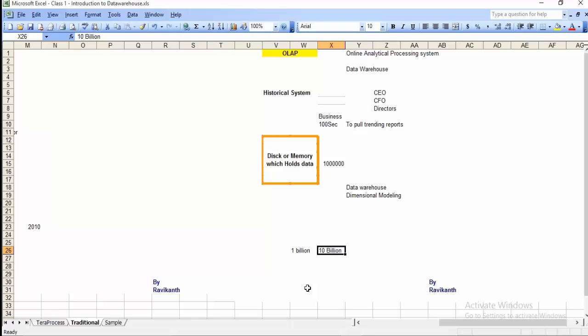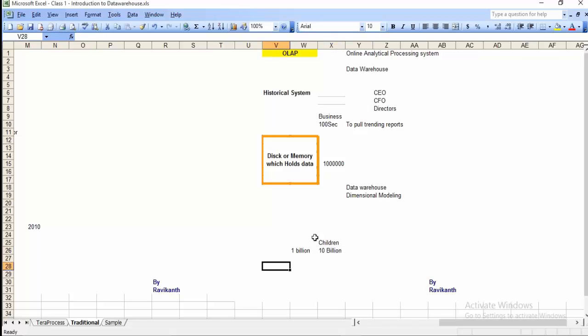Now they want to retrieve the data of children associated with these customers. Generally, whenever we associate with the bank, we provide family details, and that family details are also collected into their database system. Let's say they got to know 10 billion children are associated with the customers.